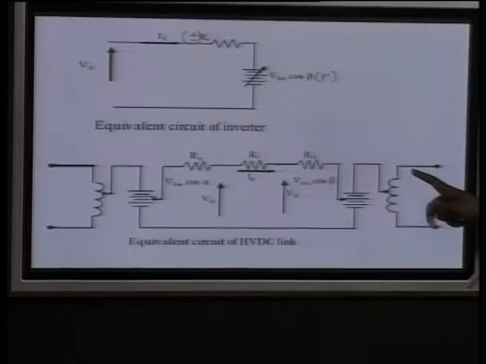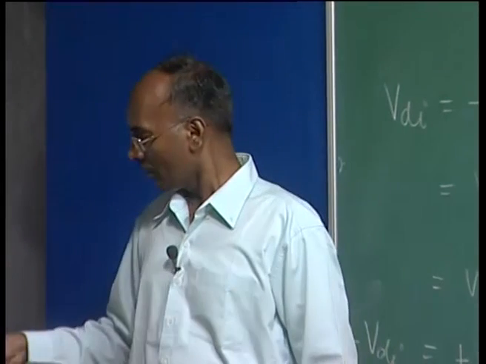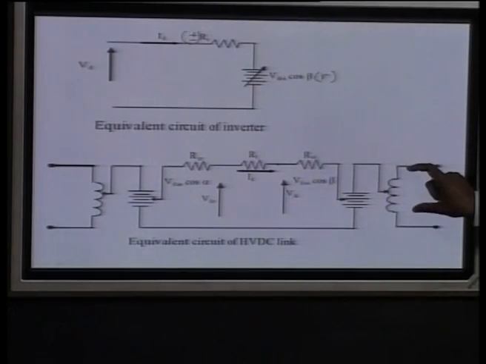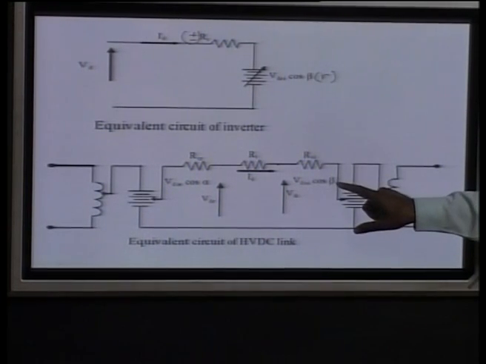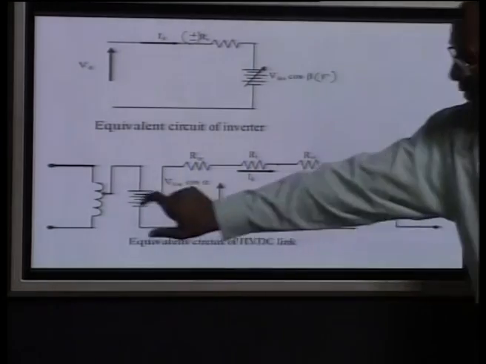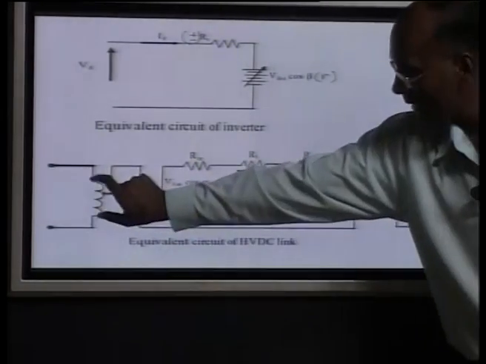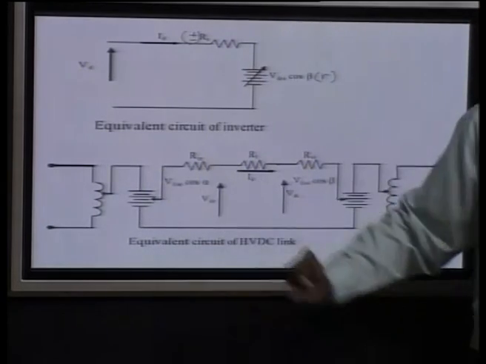And here this is the transformer. We use the online tap changing transformer, that is also one controller there. So, in the whole control circuitry we will see that we can change this voltage by the online tap changers, or we can change it by beta. Another option on the rectifier side also is to change the voltage here, or we can change the voltage here.